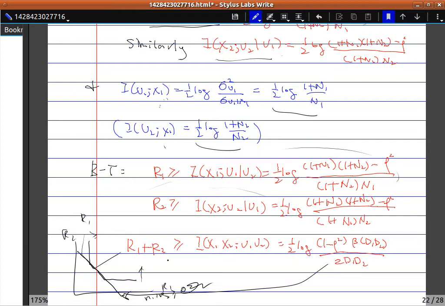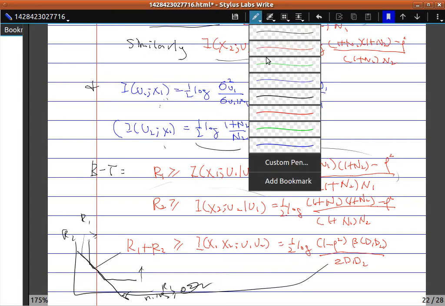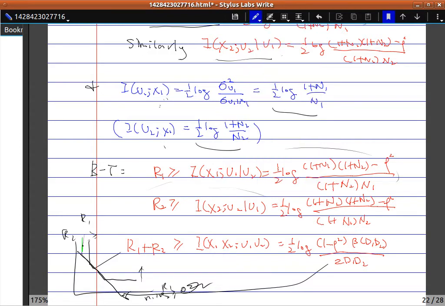So, as I said, you can pick another M1 and M2. Maybe you will have some other region. Maybe I should use another color. Maybe this can have another region, something like that, for example.